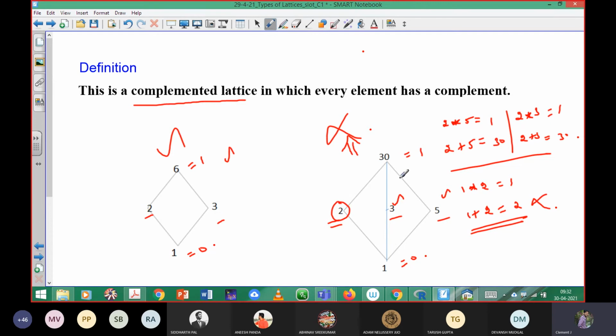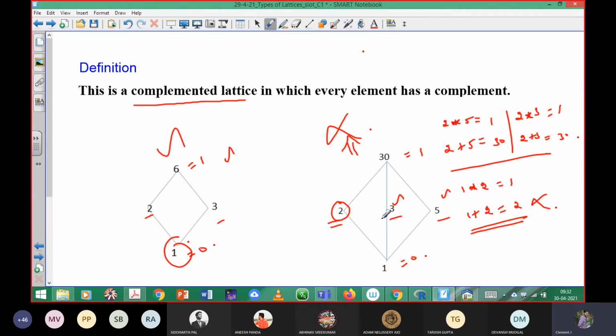Have you understood this, sir? Even in the first one, if you take the complement of 1 and 2, you won't get the right thing, no, sir. Okay, one minute. Actually, every element has a complement. Here I am able to determine the complement of 1, right?